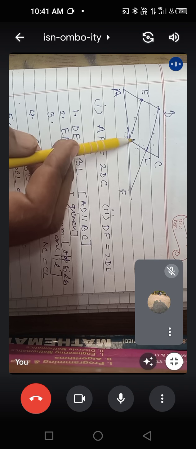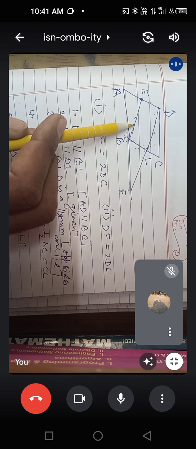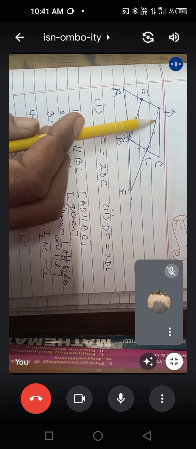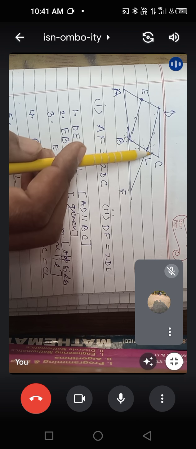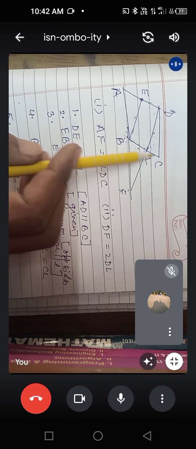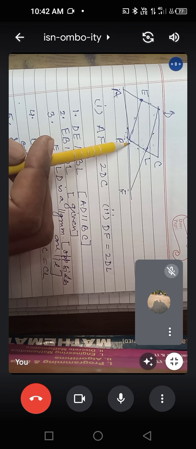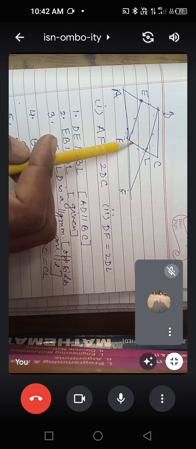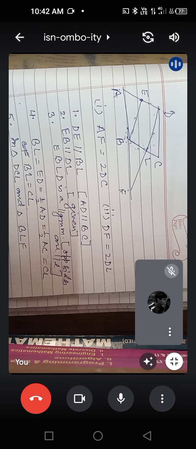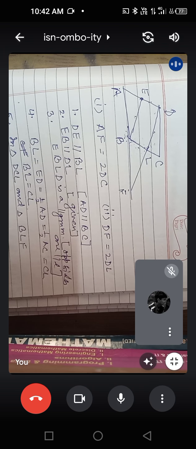This side is equal to this side, and you already know here that these are alternate angles, because both lines are parallel. So this angle and this angle will be alternate angles. Got it or not? So you see, first part you can say, this CL is equal to BL, proved above.